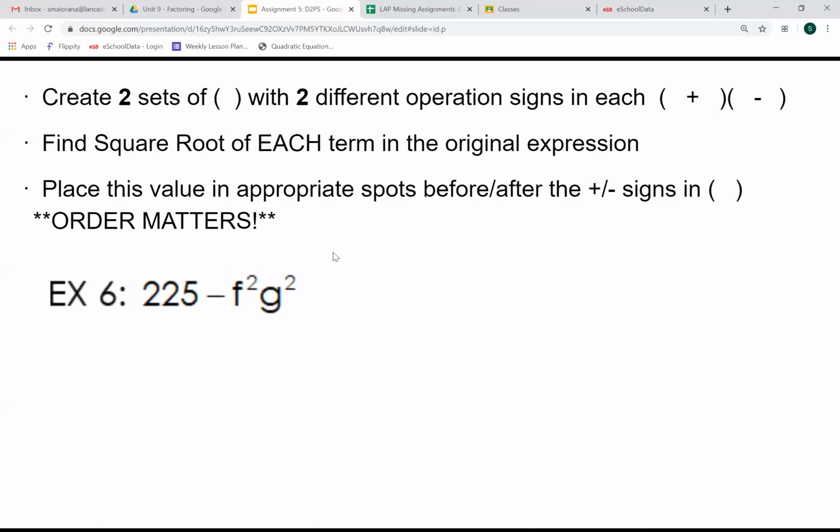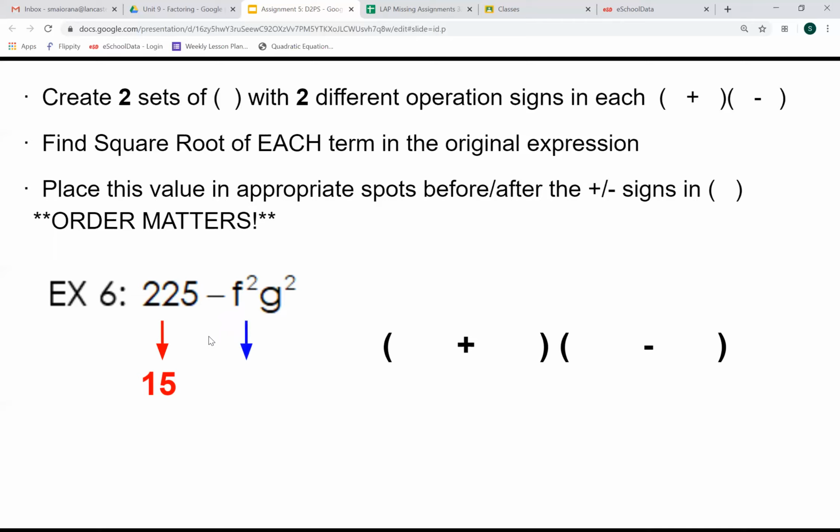All right, last one that we're going to do together. Again, I want to make sure I have a difference, so subtraction, with two terms, both of which are in fact perfect squares. If I take the square root, I get pretty numbers. So I set up my two sets of parentheses with a plus and a minus. The square root of 225 is 15.